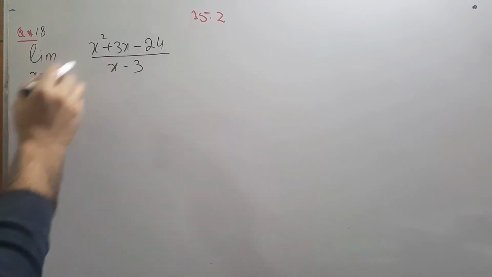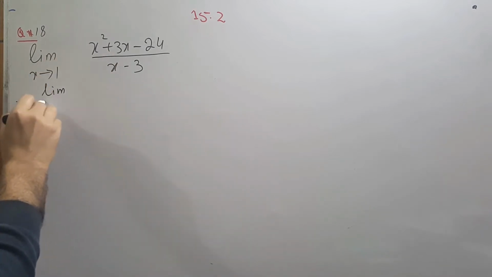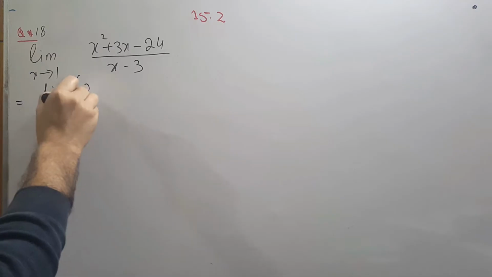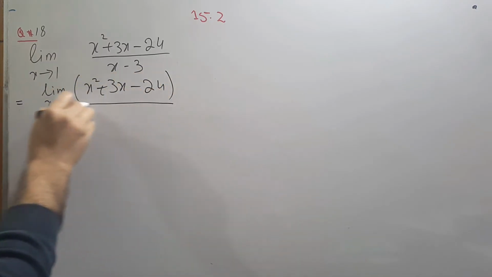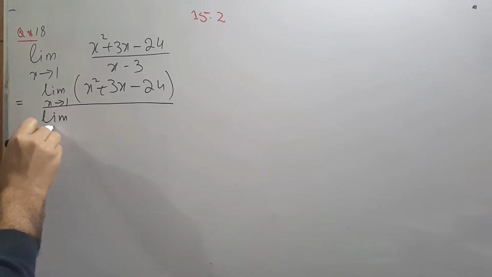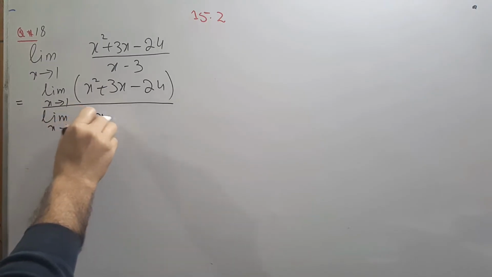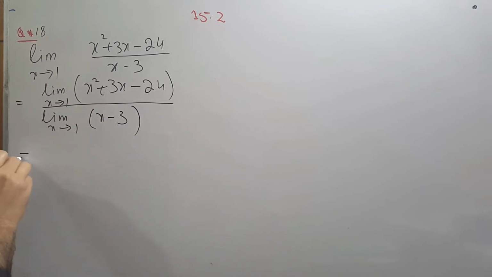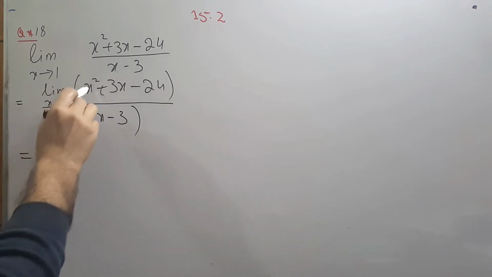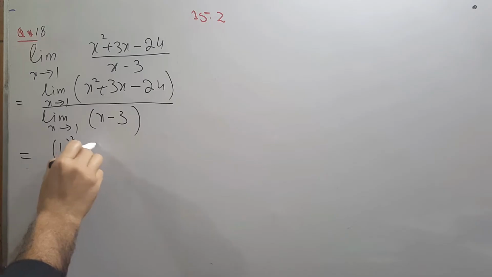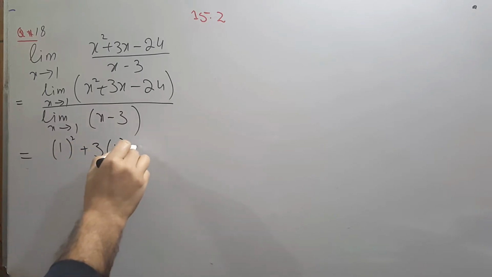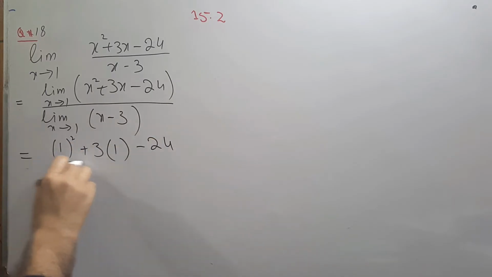Now question number 18 is again, we apply the limit on above or on the numerator and apply the limit on the denominator. Now again I will just straight away apply the limit. So instead of x we will write x square, we will write 1 square, plus 3 instead of x we will write 1, and minus 24 as it is.